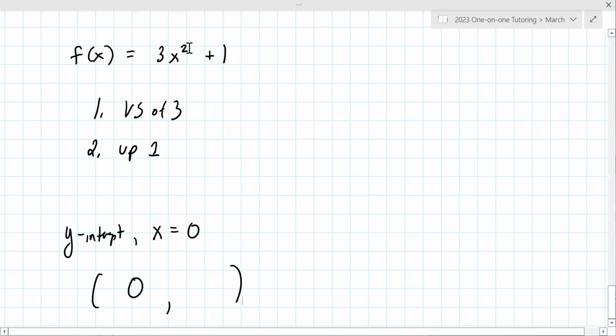You're putting 0 in for x. I'm confused on how to get the last number. So you're putting 0 in for x. So 3 times 0 squared plus 1. Wherever you see an x, you put it. Oh, sorry. Yes, 1. Good. 0, 1.